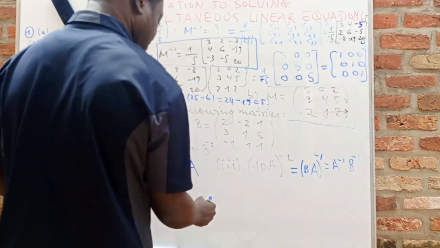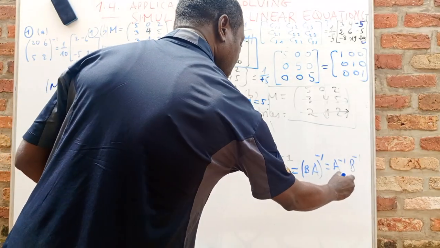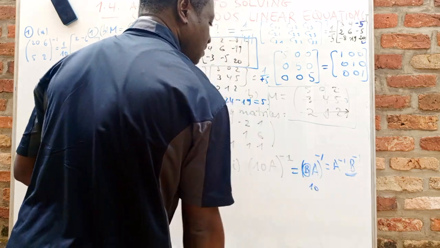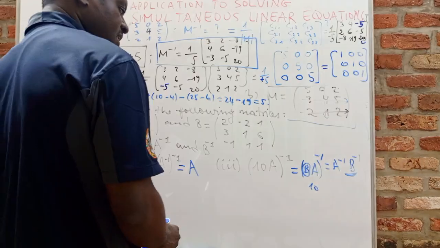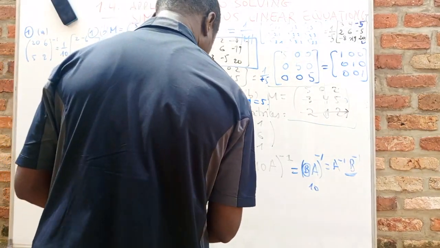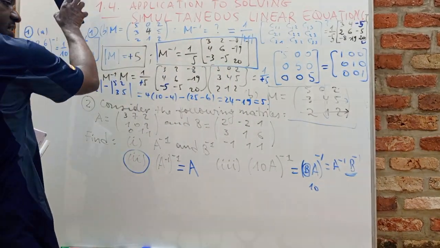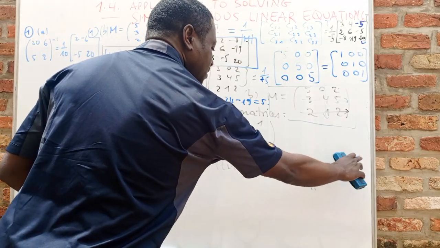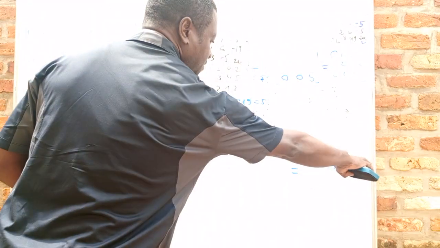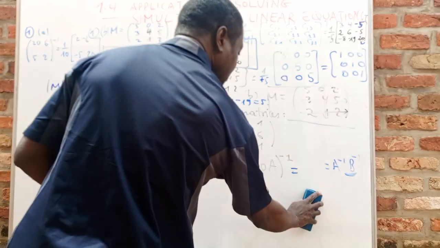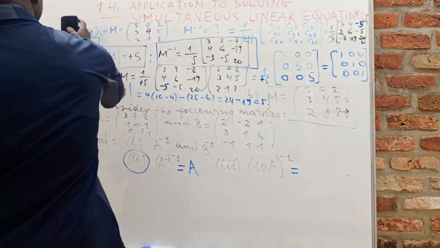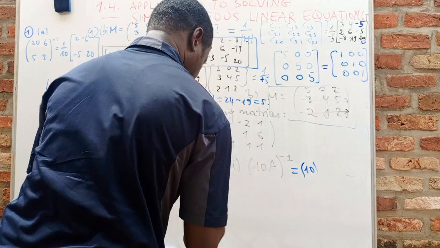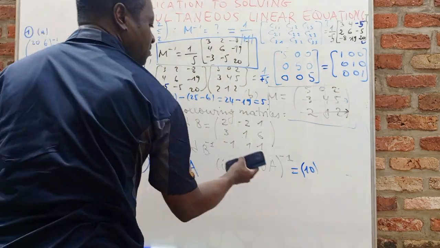So in that case, if we take, for example, B like 10, the inverse of 10 is going to be 1 over 10. So we use the formula.